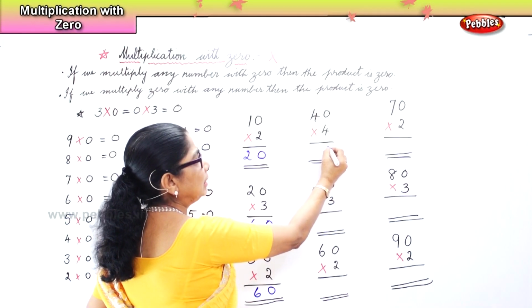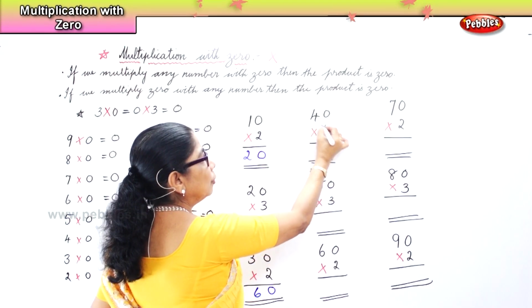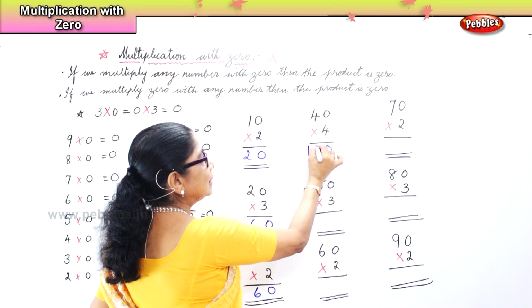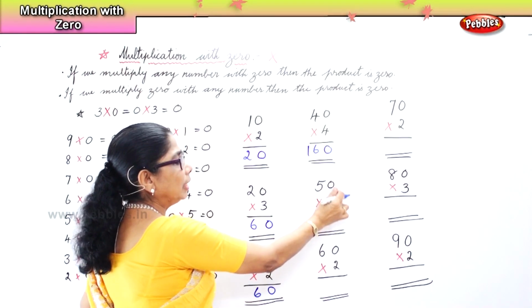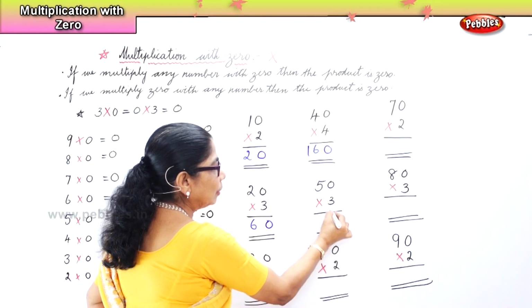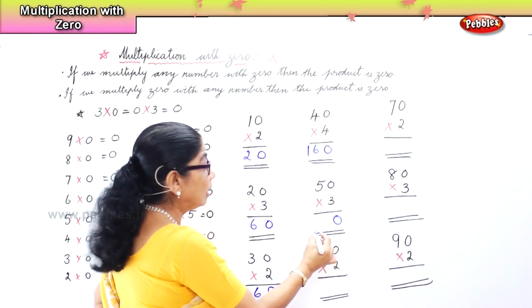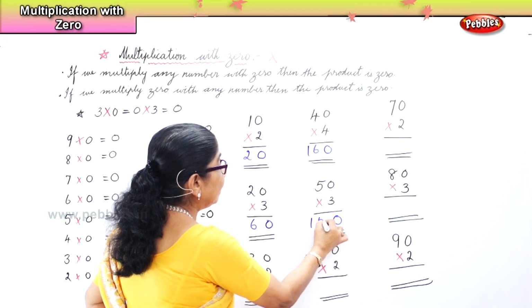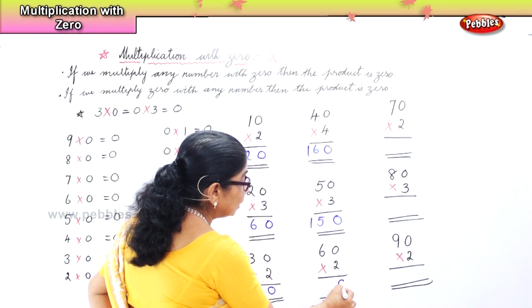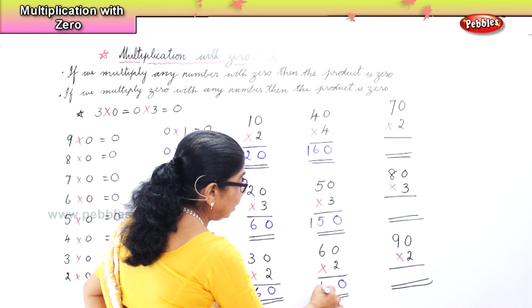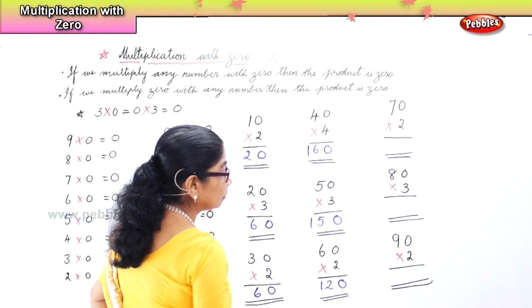0 into 4 is 0, 4 fours are 16. Now 0 into 3 is 0, 5 threes are 15. 0 into 2 is 0, 6 twos are 12.